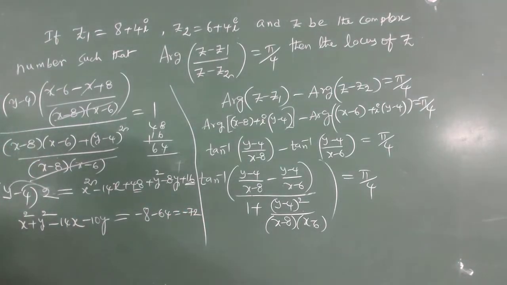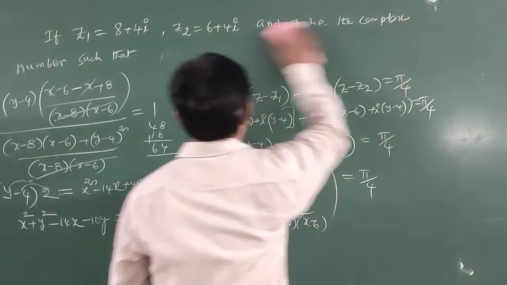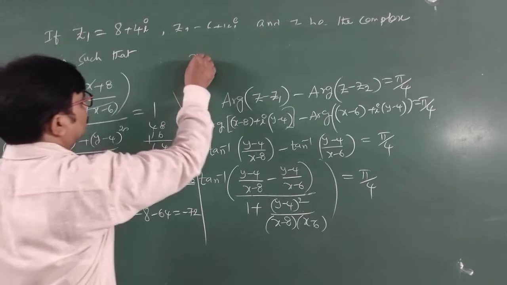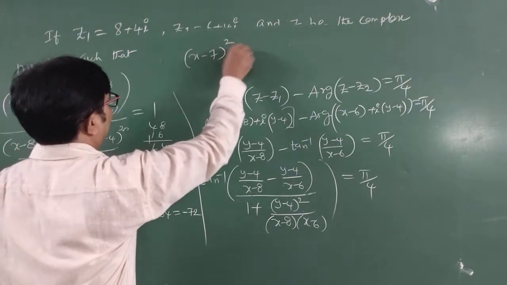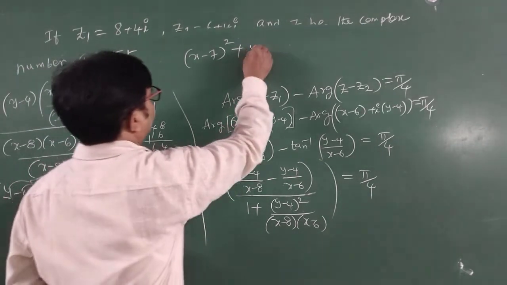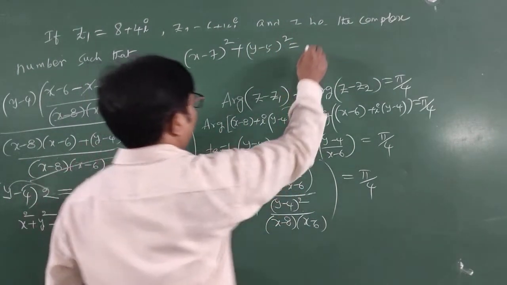So students, how to write this: one minute students, we can write this as (x minus 7) whole square plus (y minus 5) whole square equal to minus 72.